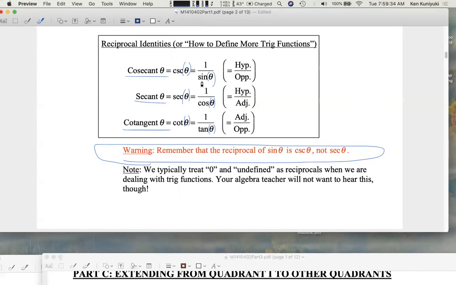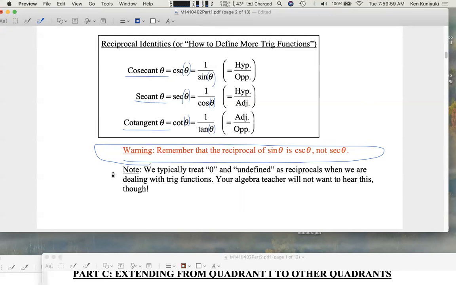So it's helpful to remember that the cosecant of theta is the reciprocal of sine of theta. The secant of theta, on the other hand, is the reciprocal of cosine of theta. And as expected, the cotangent of theta is the reciprocal of tangent of theta. I think it's helpful to think of these in terms of reciprocals. I don't think that cho, sha, cow will help us so much as Sohcahtoa did.